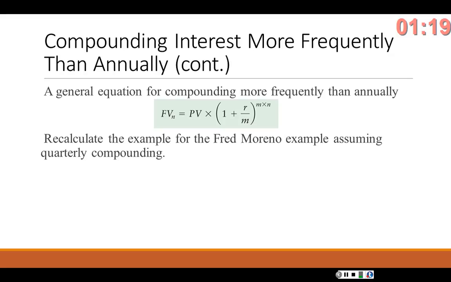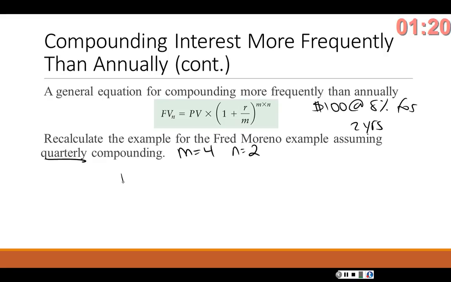So what if we did that same example, but we said quarterly compounding? So in quarterly compounding, M is equal to 4. This is still looking at $100 at 8% for 2 years. We're wanting to know the future value of this. So N would be 2.